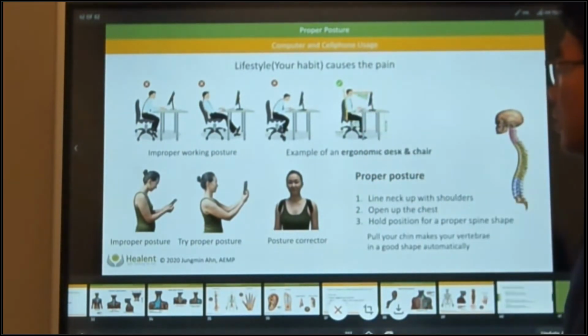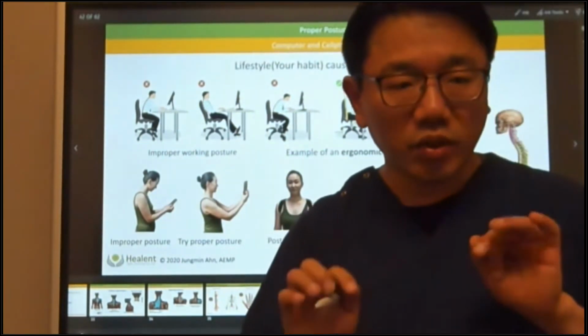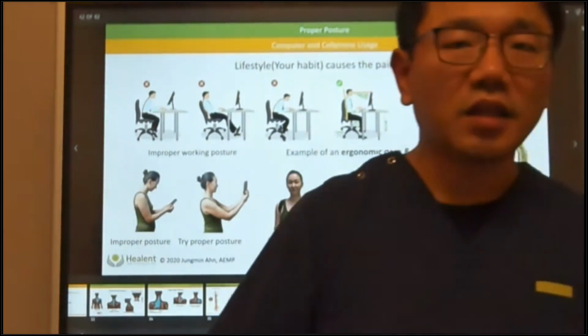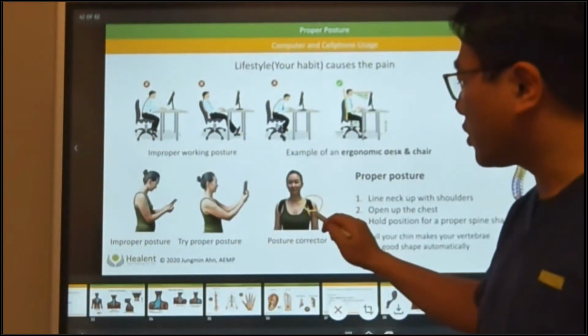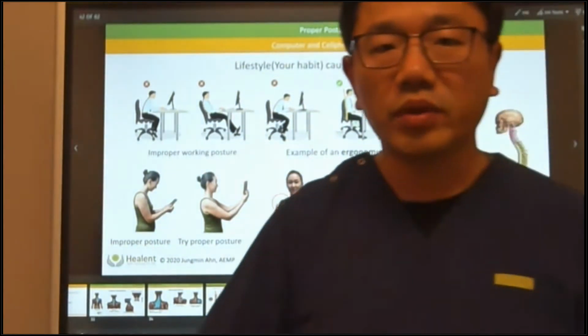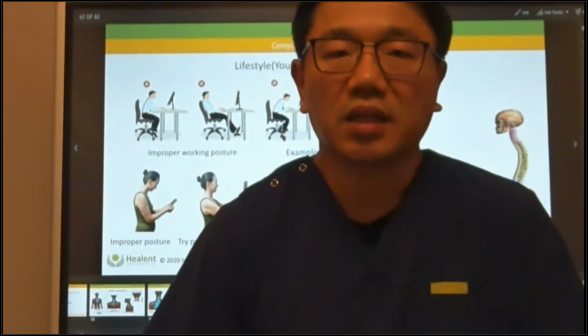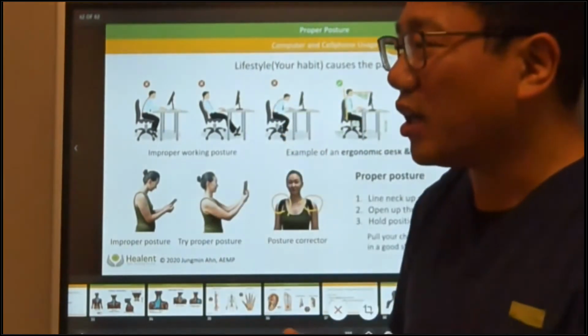Your back straight, that's important. But sometimes we cannot do it, so it's good to have a shoulder corrector and use it for about 2 weeks to recognize whether your posture is going this way or not. I tried it.